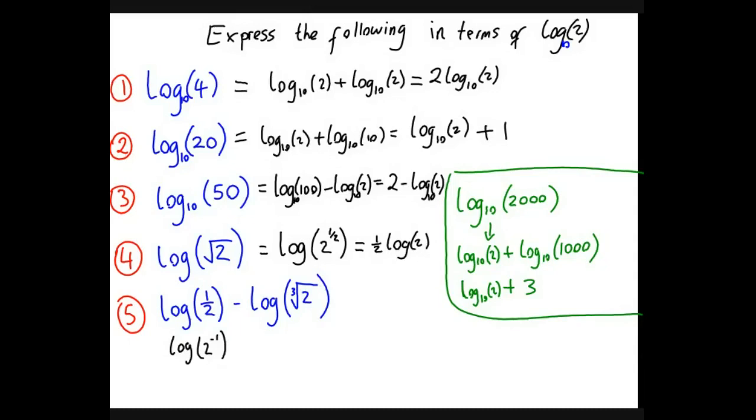And for the other one, it's minus log 2 to the power of 1/3, so that becomes minus 1/3 log 2. Then you combine those to get -4/3 log 2. That's exactly it. Thank you.